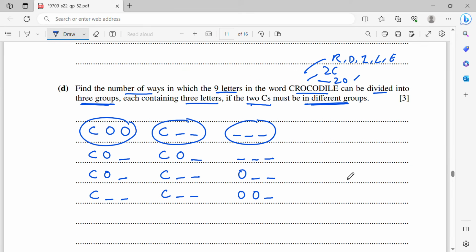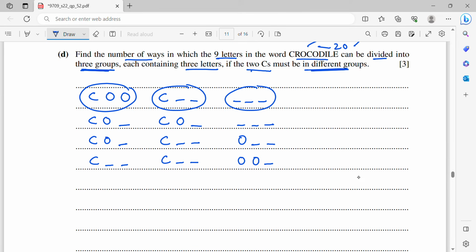Okay, so now the number of ways equals to, so for the first group, since COO already chosen, no need to bother anymore. I will consider our second group. Remember, we still have 2 C, 2 O, then R, D, I, L, E. So the C and O already considered means that all the underlines mean either R, D, I or L, E, right?